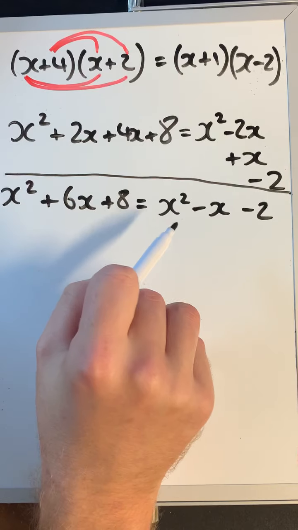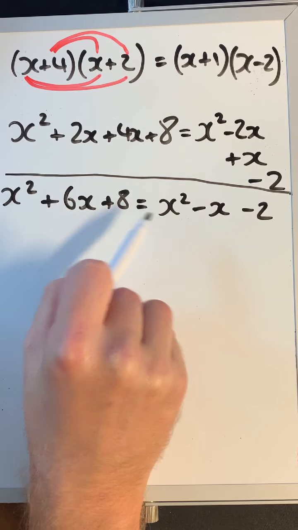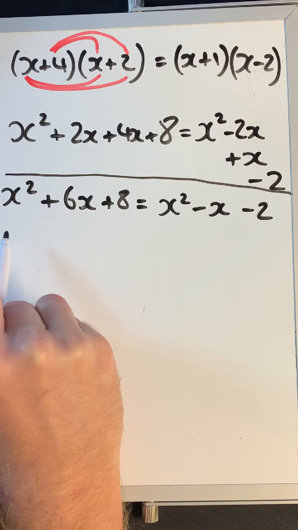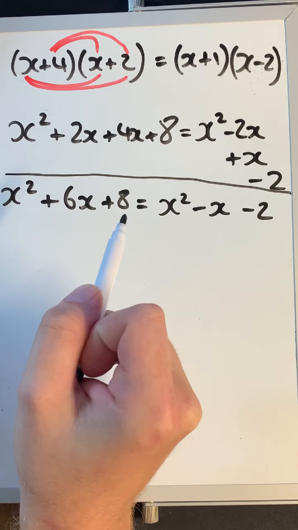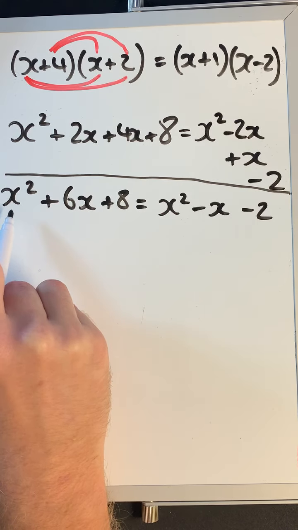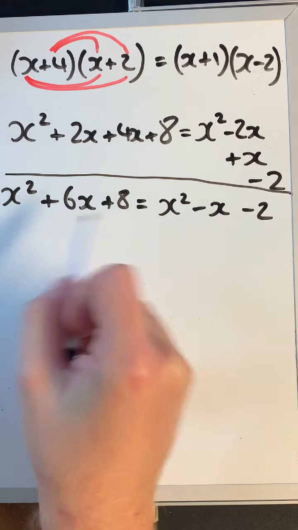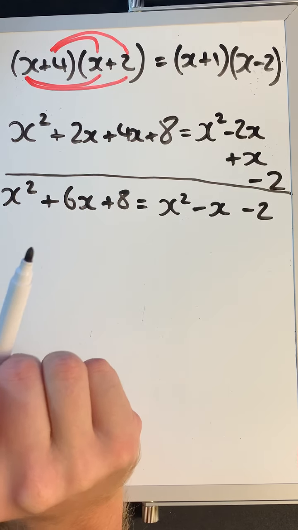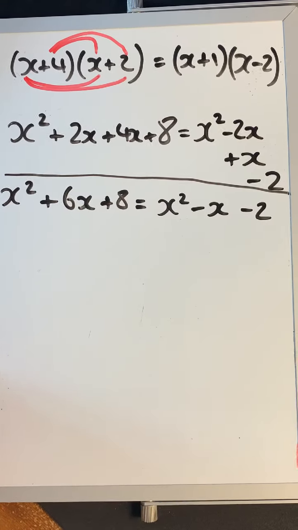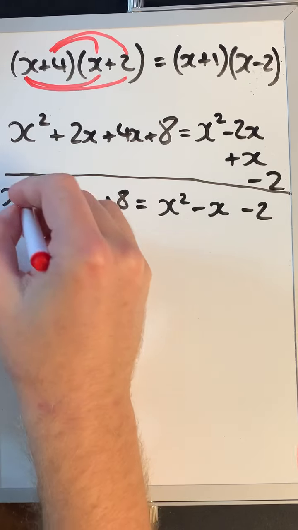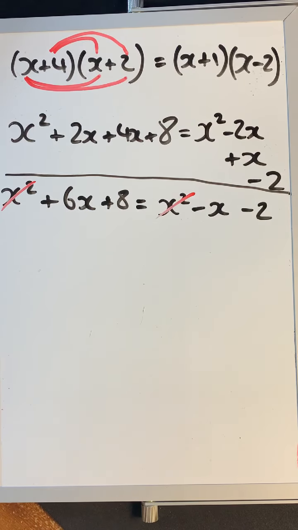The reason being, of course, if I took this x squared to the left-hand side here, it would become x squared minus x squared, and they would cancel. Or conversely, if I took this x squared to the right-hand side, we'd have x squared minus x squared, and they would cancel on that side as well. So whatever side we take these onto, they're going to cancel. All right, so we've got an x squared on both sides. We can cancel them off.